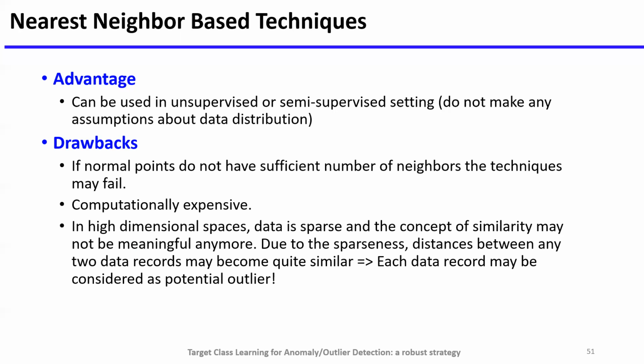If it is a high dimensional space and the data has sparse characteristics, the distance between any two records may become quite similar. So each data record may be considered as a potential outlier. For sparse data, the close affinity of the data points may not be available, so that can give some kind of ambiguous results.